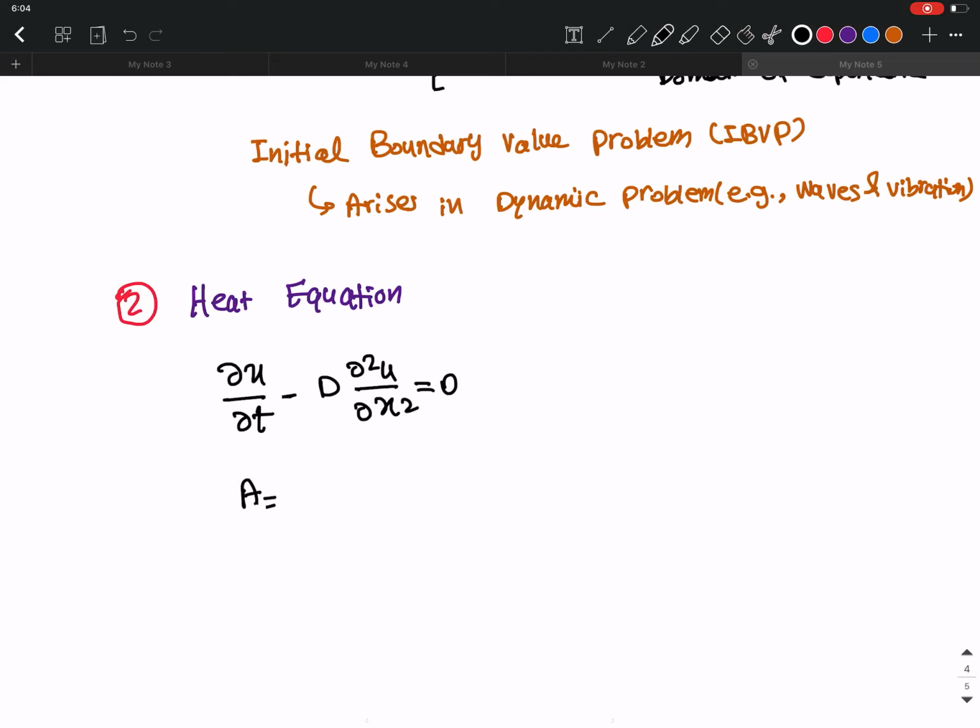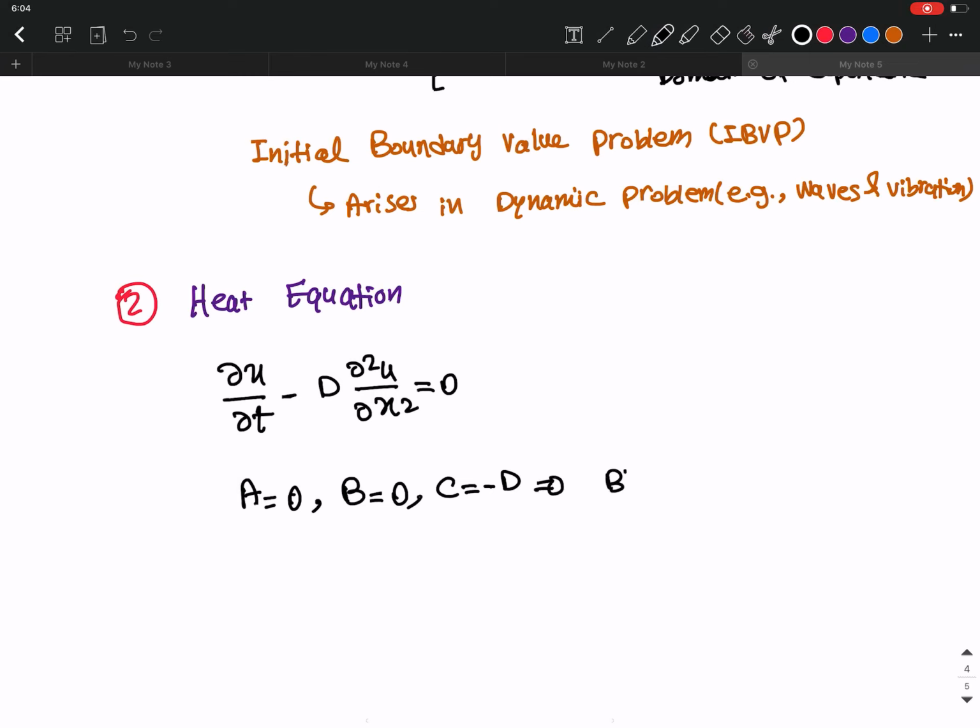Do we have any partial square u over partial t square? No, right? So it's going to be 0. B, what is b? It is 0, right? We don't have the second component, and only c is going to be minus d here.